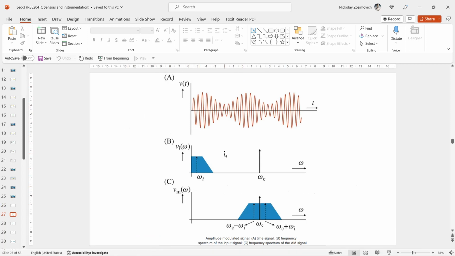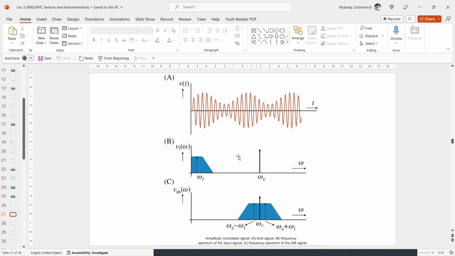Once the carrier is modulated by an arbitrary input signal, each of the frequency components in its spectrum, as you can see from the middle figure B, produces two new components with the sum and the difference frequency. Hence, the whole frequency band in figure C is shifted to a region around the carrier frequency on both sides.